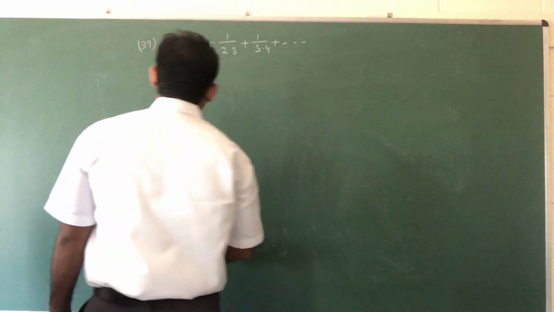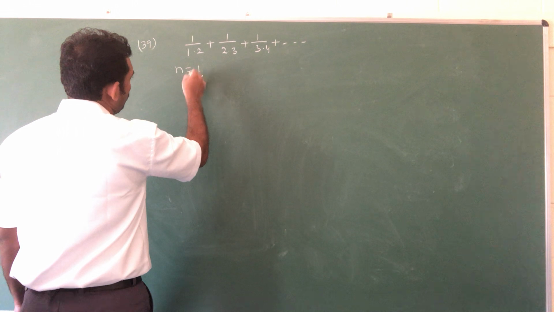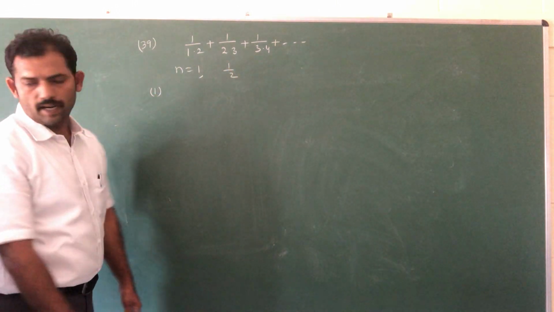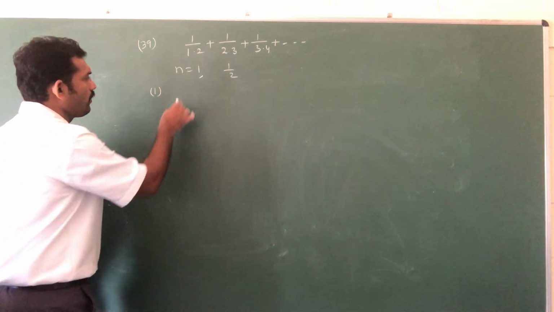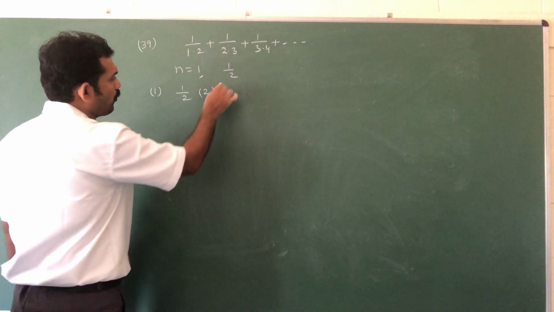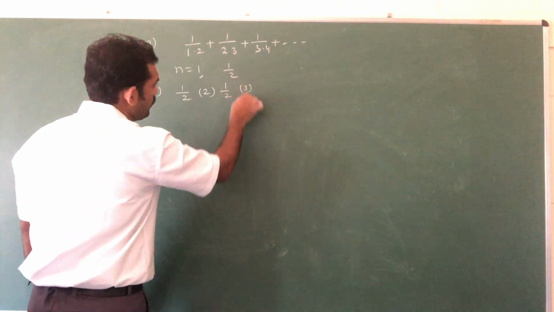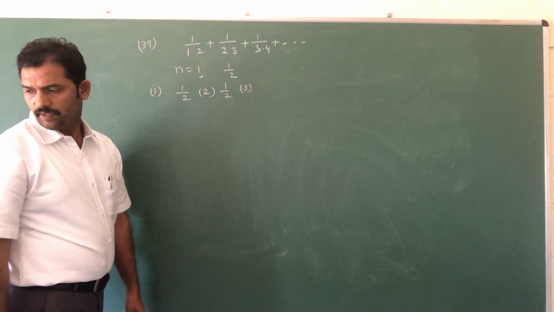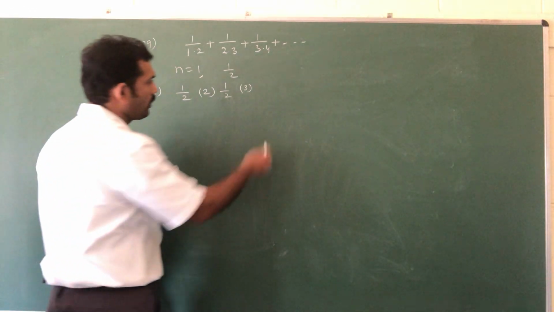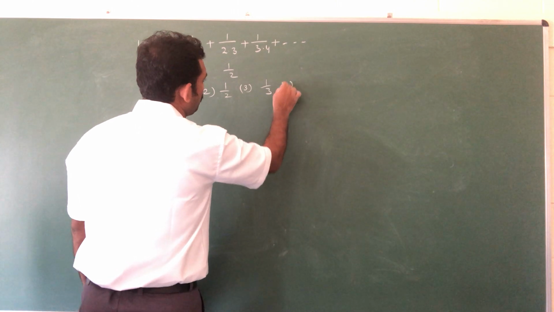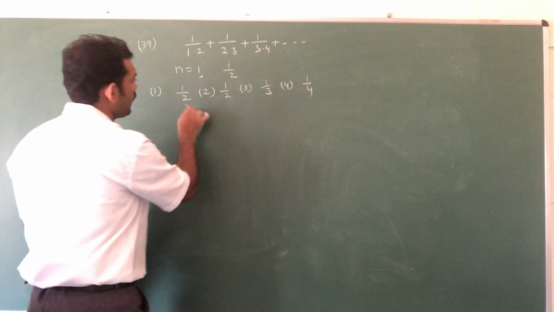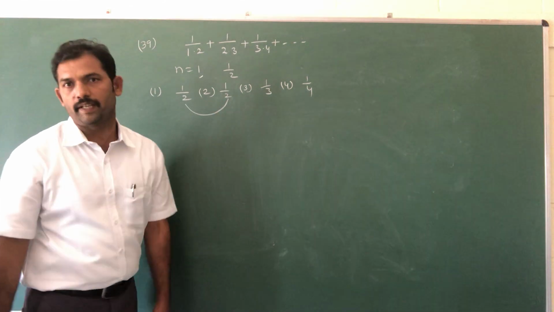So n is equal to 1 taken. What happens? The first value is 1/2. See the options. The first option is 1/2, second option is 1/2, third option is 1/3, fourth option is 1/4. So again we have to check the first two options.